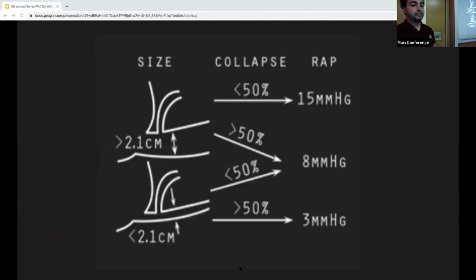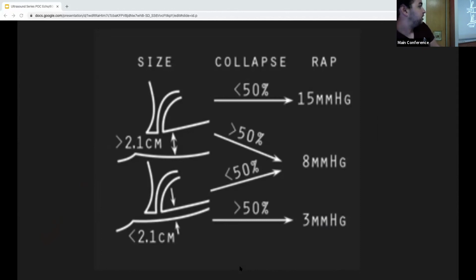So once you have your tricuspid gradient, you have to add that to your right atrial pressure to get your RV systolic pressure. We use the IVC as a surrogate for your right atrial pressure. And just remember these 3 numbers: 3, 8, and 15. Those are the numbers that were picked for the sign.